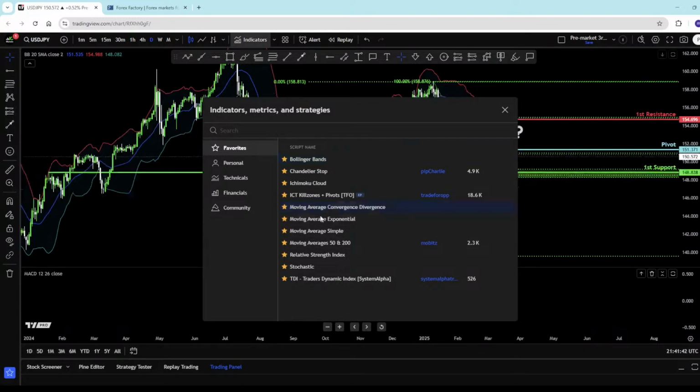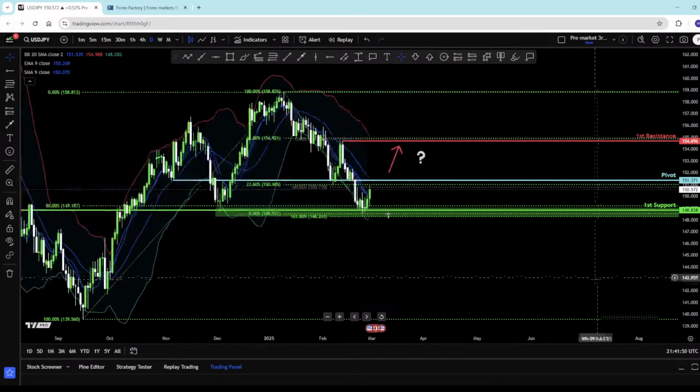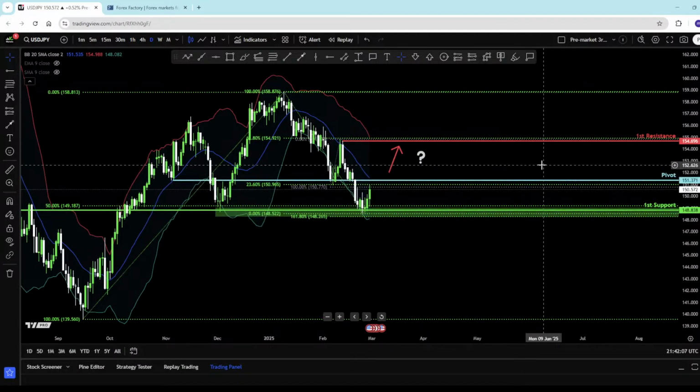Next, let's look at BB and our SMAs. On the Bollinger Band, you can see prices recently bouncing off that lower limit. So it does support that slight reversal, but it might not be enough to push price towards the first resistance.